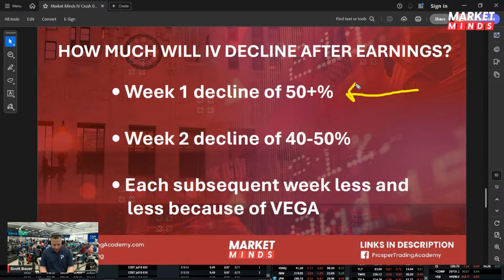You could expect about 50% for the next week. You can expect a decline of typically about 40 to 45%. And then every subsequent week is going to be less and less and less, because going into earnings, there's not going to be that much of a pump up in vol for it to come back and normalize. Does everybody understand that?